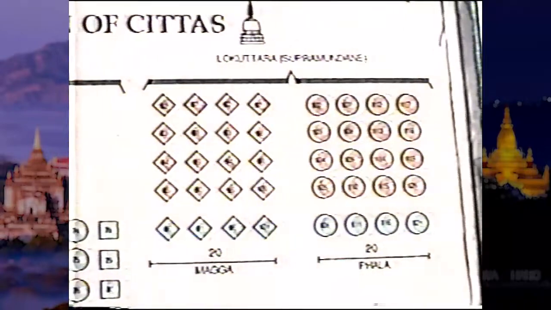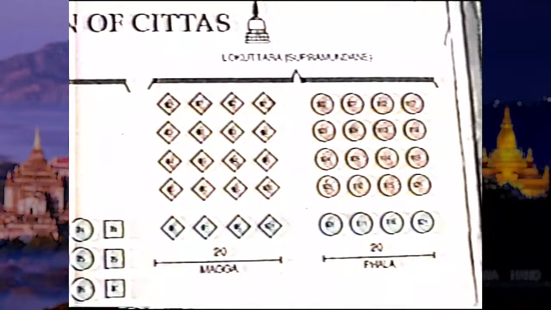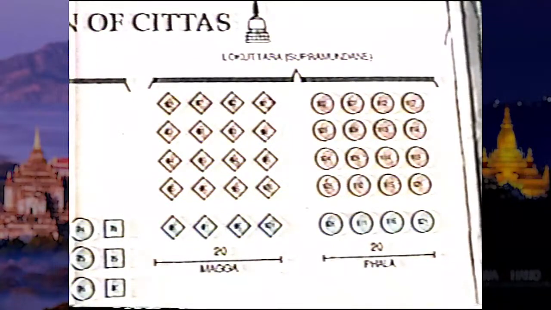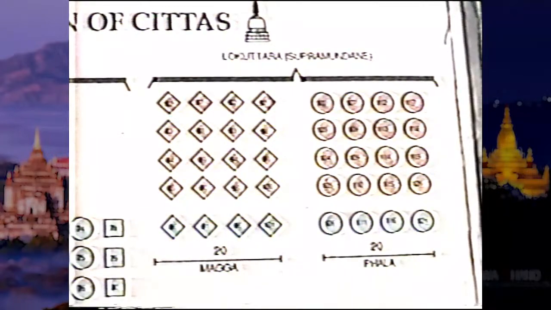So first, citta is divided into mundane cittas and lokuttara, supramundane cittas. And there are 81 cittas belonging to the mundane level and 8 or 40 belonging to the supramundane level. Now, the mundane cittas are divided into what?